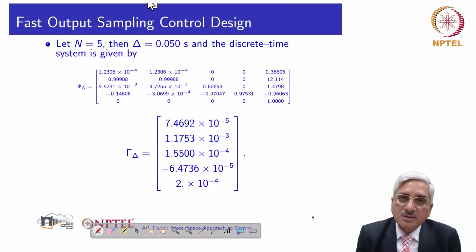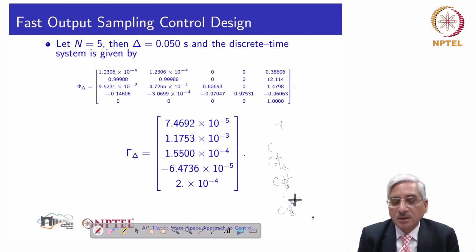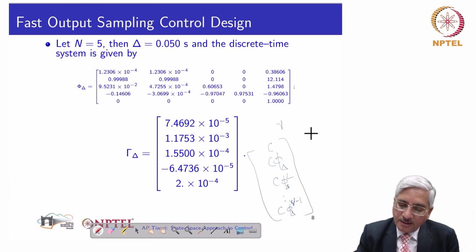Recall that the observability index is that nu for which the rank of the matrix C, C phi delta, up to C phi delta power nu minus 1 is equal to the rank of the matrix with C phi delta power nu also included.